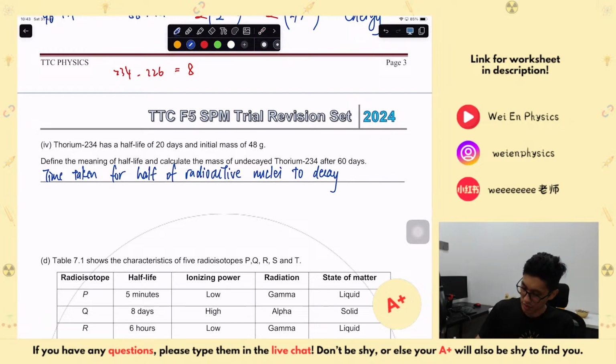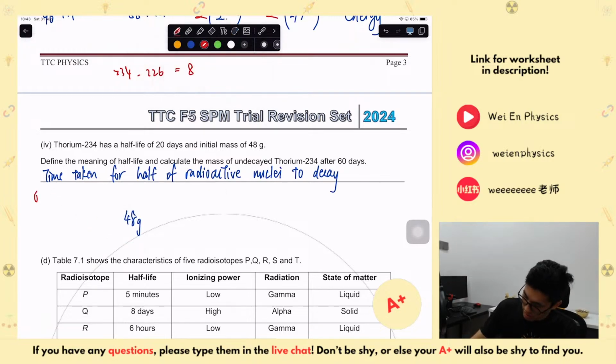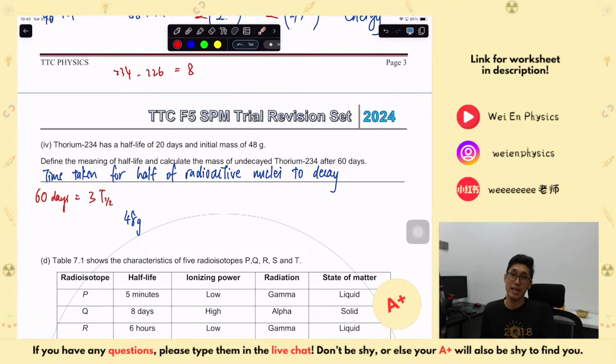Okay, so originally this thing got 48 grams. 60 days is equal to how many half-lives? You can write down first. 60 days is equal to 3 half-lives, because each half-life is 20 days.